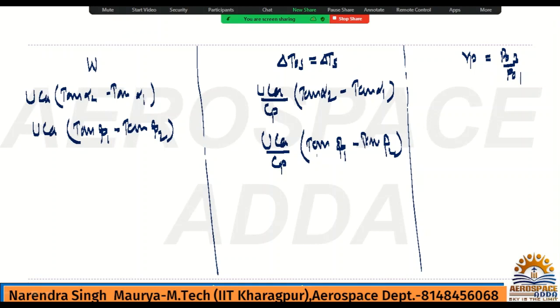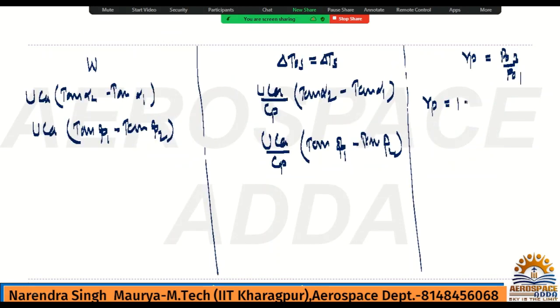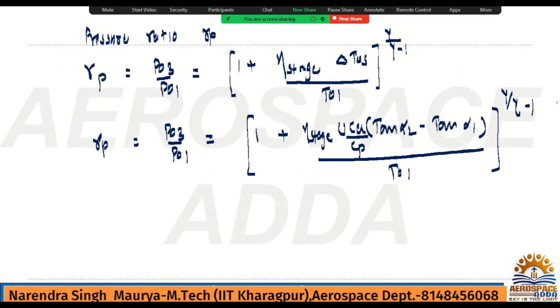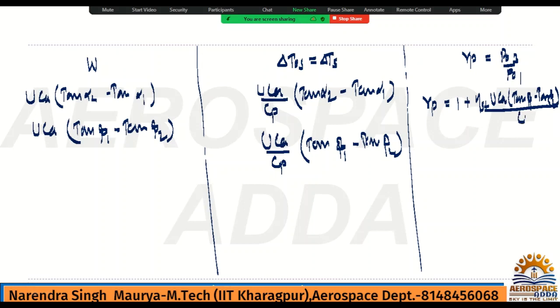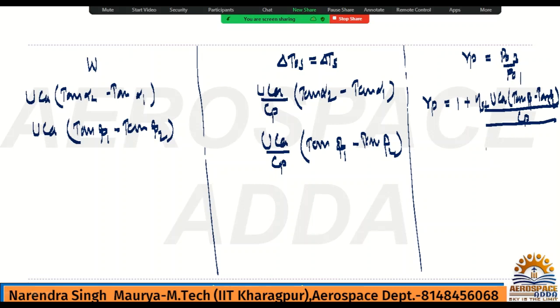And RP also, the big formula you need to write: 1 plus eta stage, U CA (tan beta 1 minus tan beta 2), divided by, just try to connect this, Cp, the whole divided by T naught 1, or Cp T naught 1 also you can write if you want.